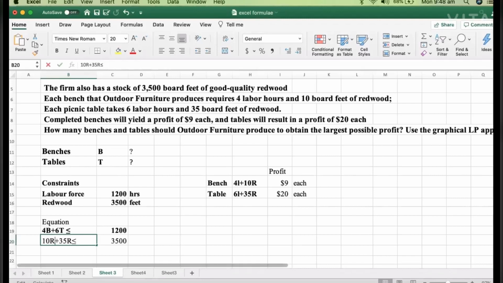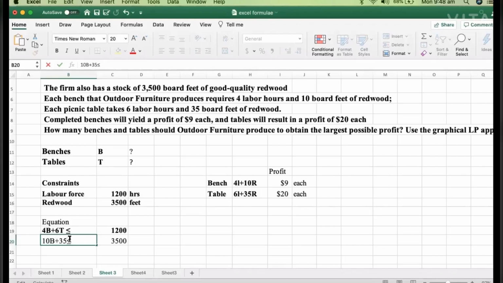Now I am changing it so that we can identify this one is for bench and this one is for table. So that is my equation basically. I can name it as 1 and 2.